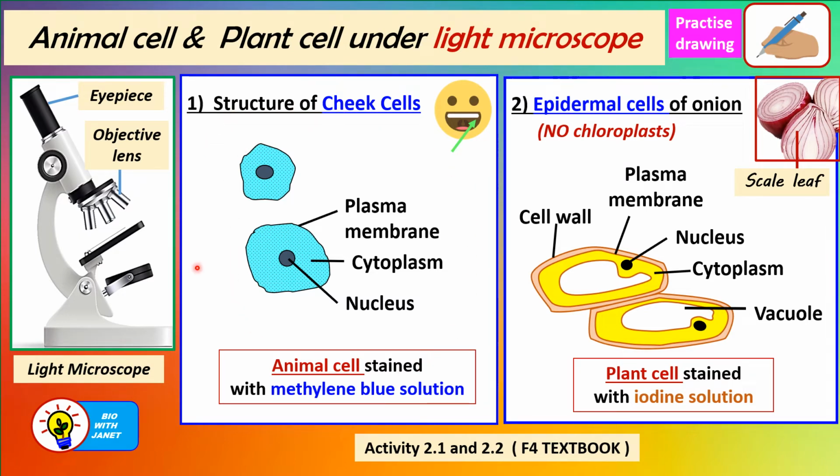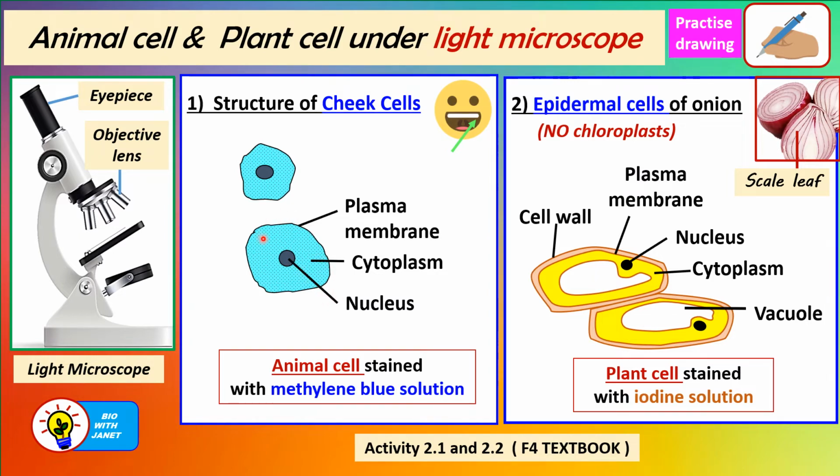We have to know how to draw the structure of cheek cells, which is a type of animal cells. So firstly, we can see that cheek cells do not have a fixed shape or a regular shape. So this cheek cell has a different shape from this one. And then there are three parts that we can see: the plasma membrane, which is the outer boundary, then the cytoplasm, which is stained light blue, and the nucleus, which is stained dark blue by the methylene blue solution.